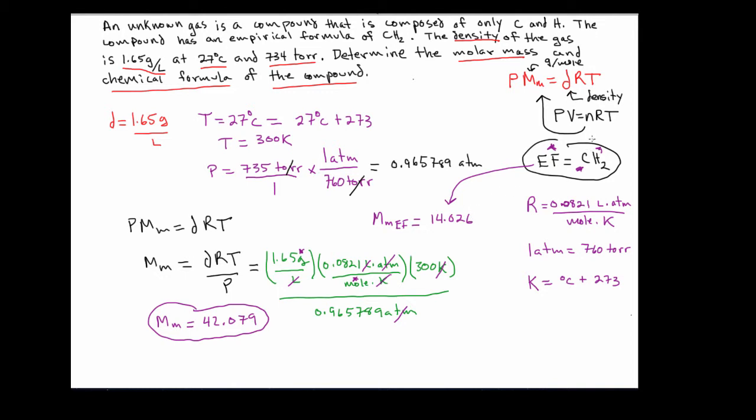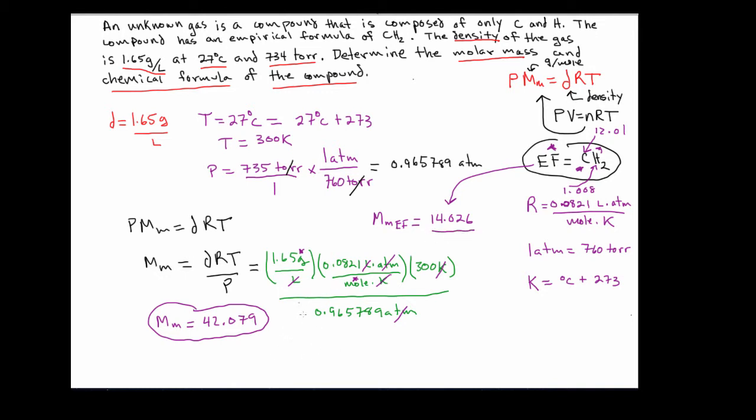Where did I get that number? The carbon, if you look on the periodic table, is 12.01, and on my periodic table, my hydrogens are worth 1.008, and there are two of them. So when you sum this together, you get the 14.026.